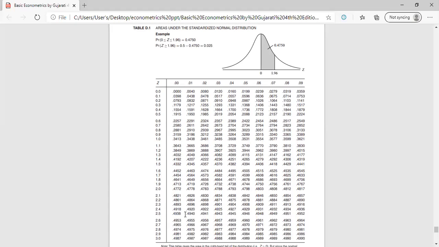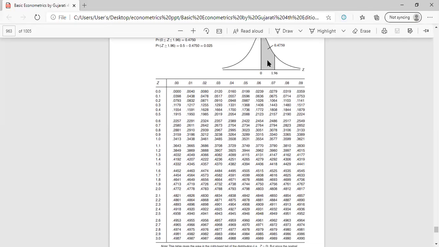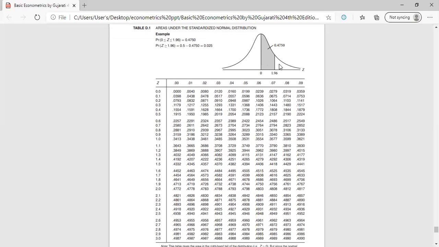So 0.4938. Who is writing? I'm writing, sir. Okay. So you have found this area to the right, from 0 to 2.5. That is 0.4938.